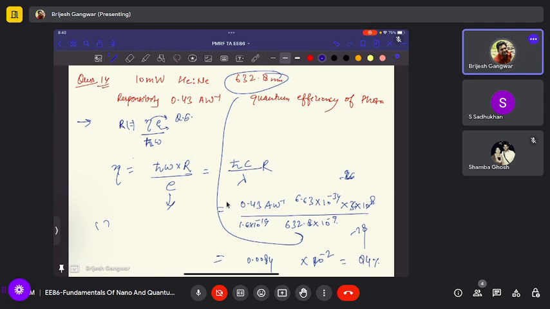Sometimes you will get the correct answer, right? Here I think there is no use of 10 milliwatt.